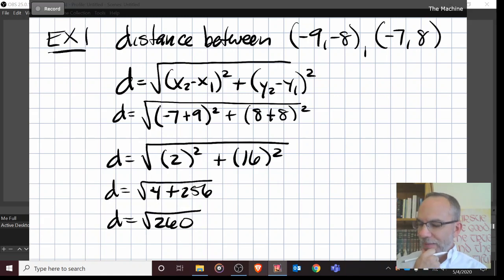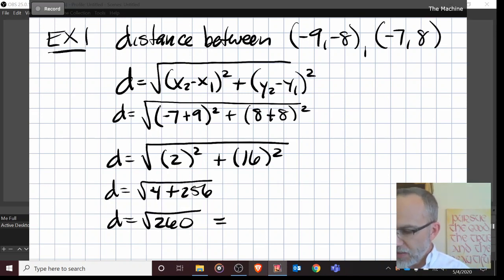Does that simplify? Well, what's the largest perfect square that's a factor of 260? Let's try 4. 260 divided by 4. I think that's divisible by 4, isn't it? Yeah. So this is equal, then I'm going to go sideways here in the interest of space. This is equal to the square root of 4 times 64.